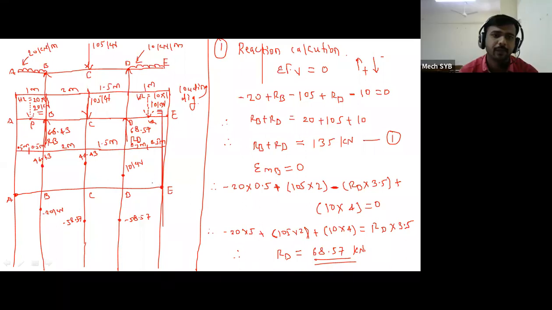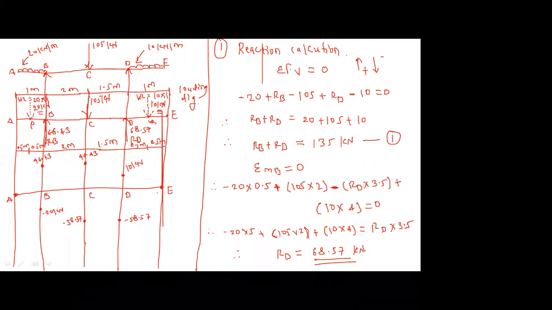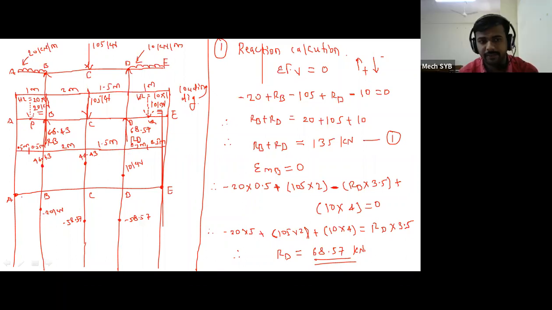Now tell me how to draw AB distance. This is SFD. How to draw the AB distance if there is a UDL on the loading diagram?